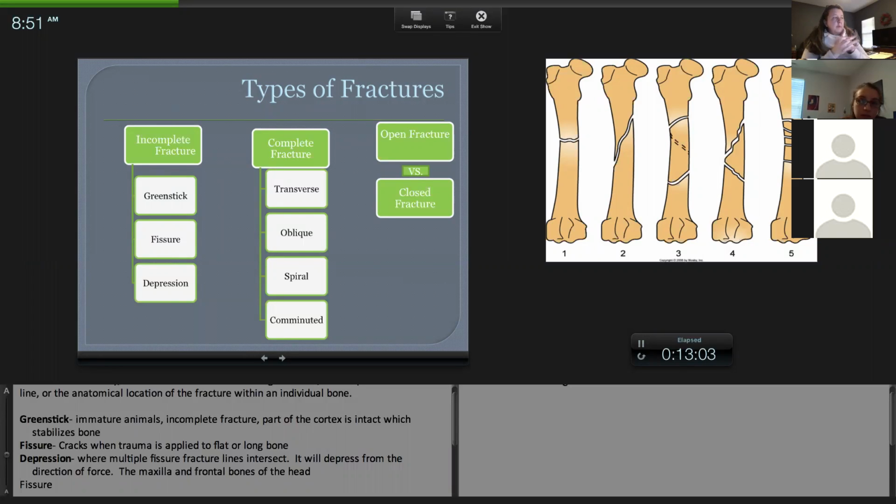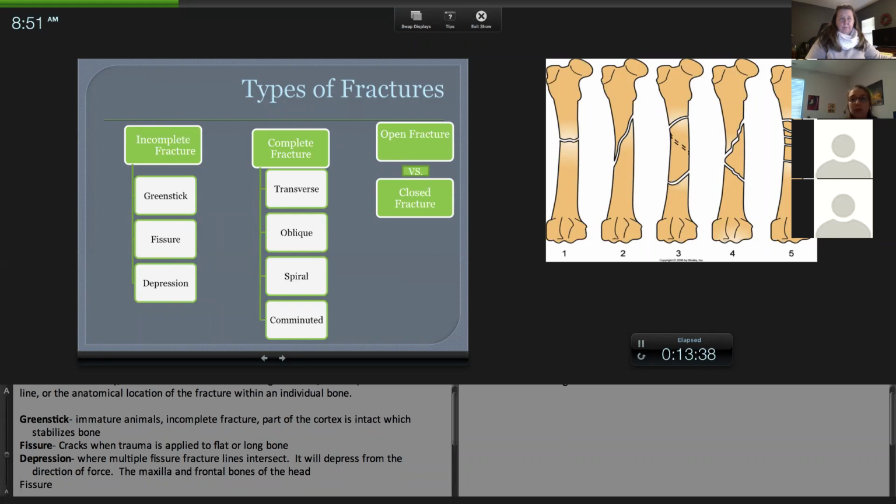And then if there's a depression, it may be that it was hit by force, and you see where lines come together, but those are all incomplete. Yes, so a fissure is like a hairline fracture. If any of you have been injured playing sports or falling on the ice, you may have had that type of fracture. And yes, it's like a hairline, thanks for saying that, because that's a common thing they say in people.